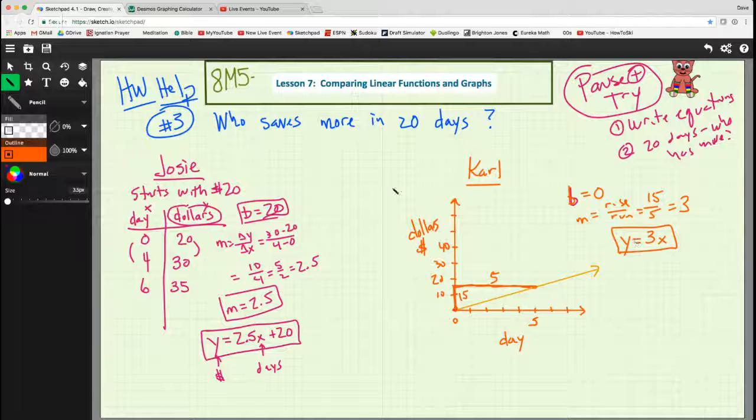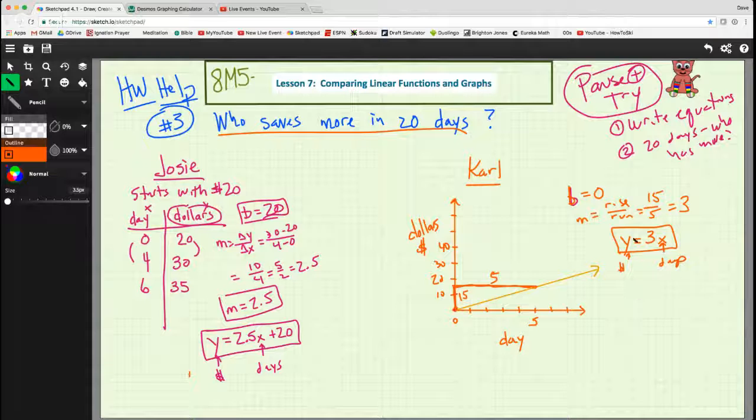Now the question is not when do they have the same amount. If the question was when do they have the same amount, I would just solve a set of equations. But it says who saves more in 20 days. So I can figure out how much Carl saves in 20 days, because remember, X is days and Y is dollars.